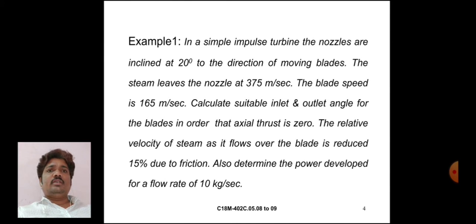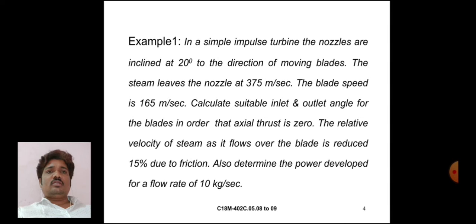The blade speed is 165 meters per second. Calculate suitable inlet and outlet angles for the blades in order that axial thrust is 0. The relative velocity of steam as it flows over the blade is reduced 15% due to friction. Also determine the power developed for a flow rate of 10 kg per second.